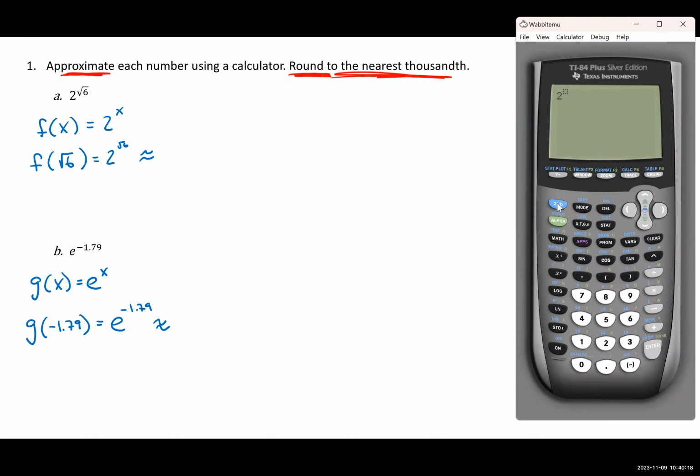So second, and then I'll hit the x squared button. And now you see on the screen an empty square root. So I'm going to go ahead and hit 6. So now I have 2 to the power of the square root of 6. Enter. And we've got about, if we're rounding to the thousandth, that's 3 decimal places, it looks like about 5.462.